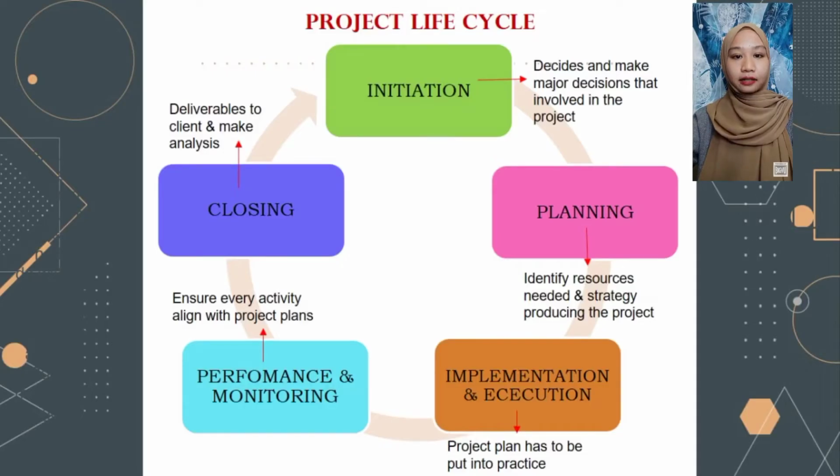The process involved in construction technology can be seen through 5 main phases in the project life cycle, which is initiation. Project initiation is the first phase of the project management life cycle, where in this stage, the company decides if the project is needed and how beneficial it will be for them.